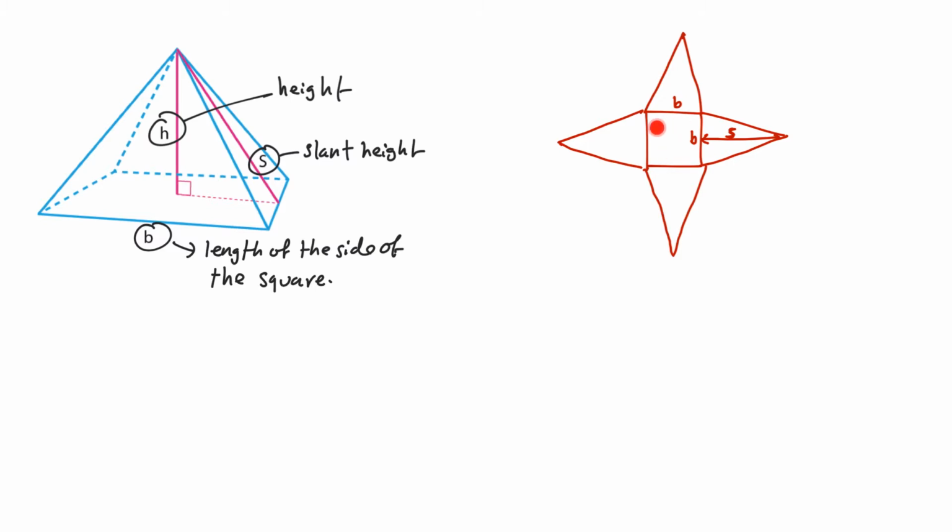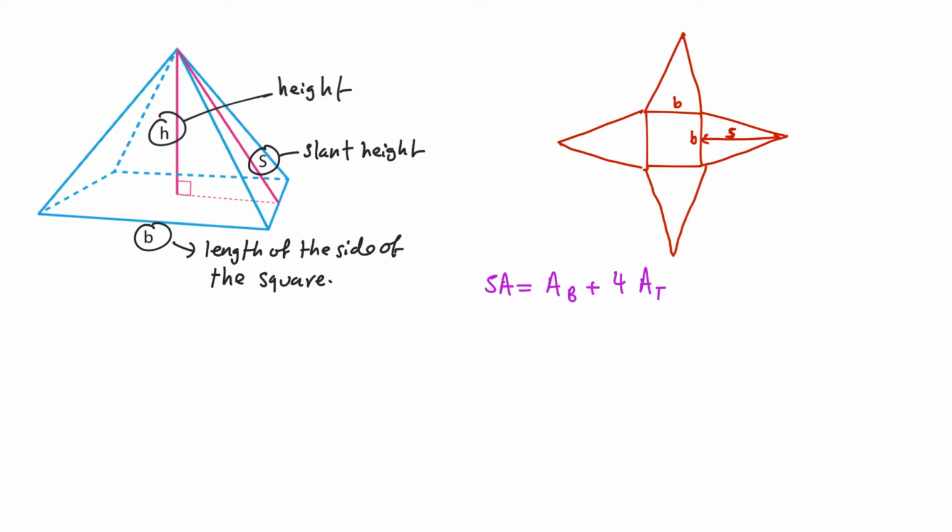So I'm just going to write surface area is equal to area of the base plus 4 times area of the triangles. And the reason why it's 4 is because we simply have 4 triangles over here. So we're looking at 1 base area and 4 triangle areas.